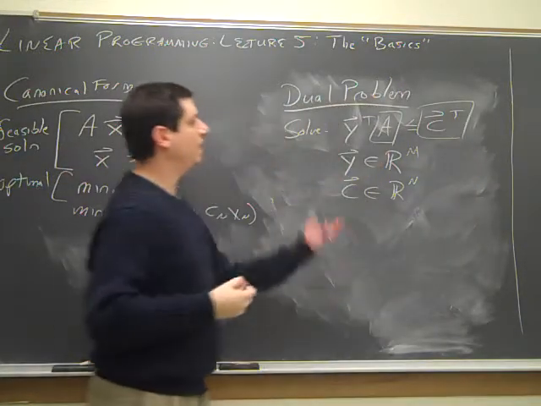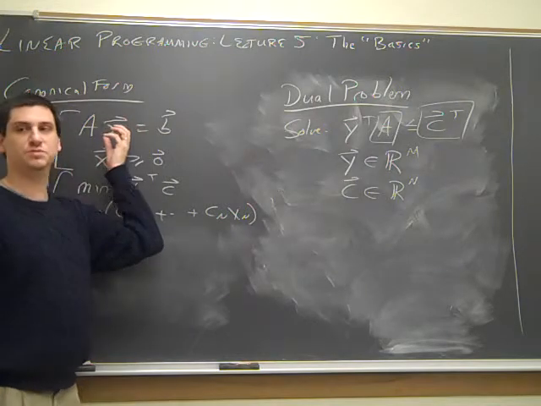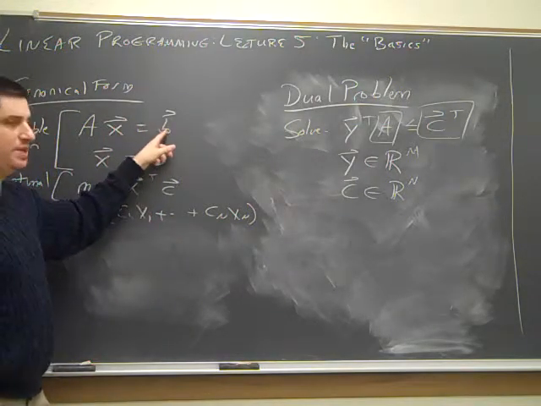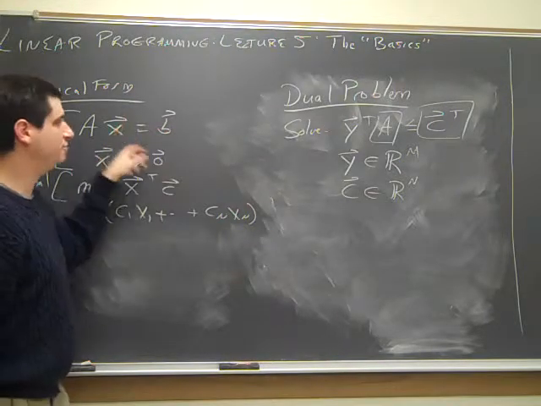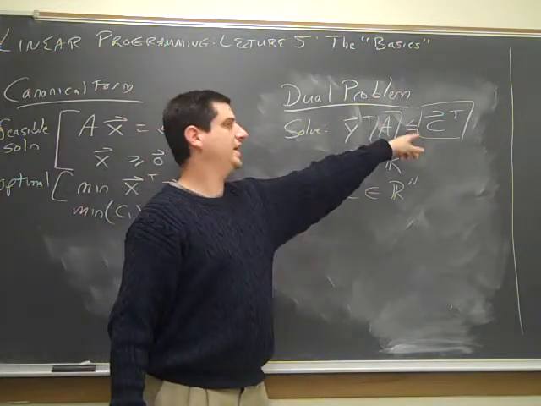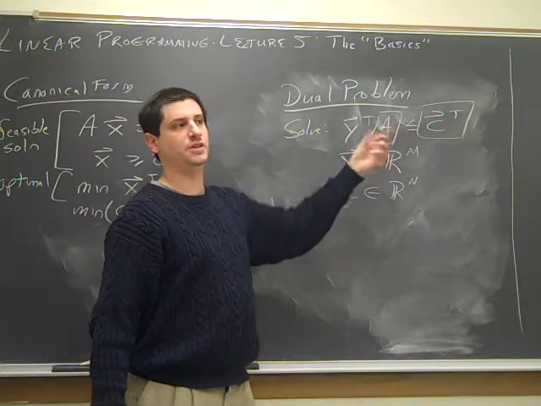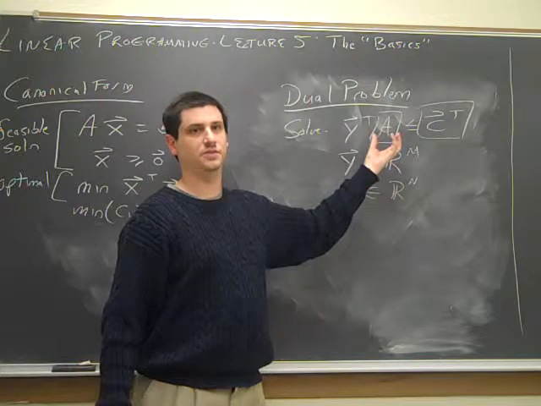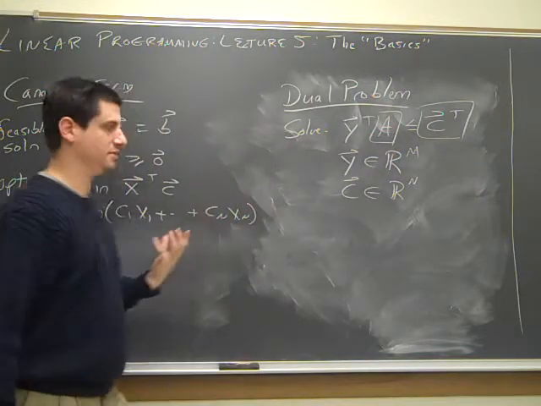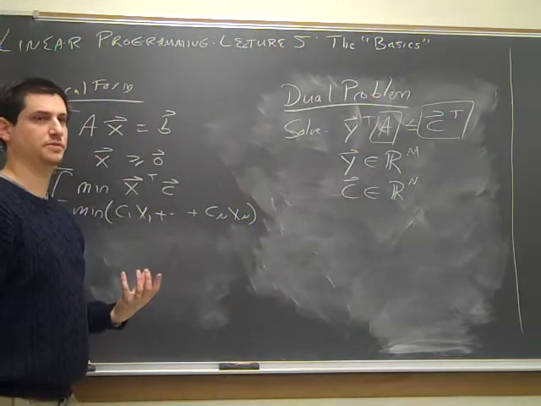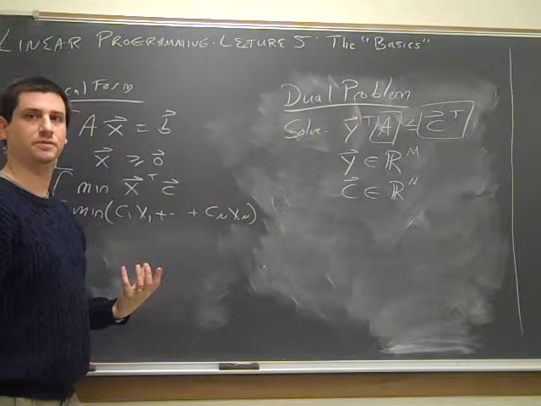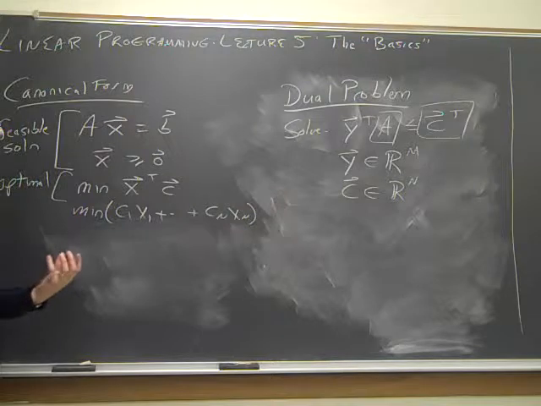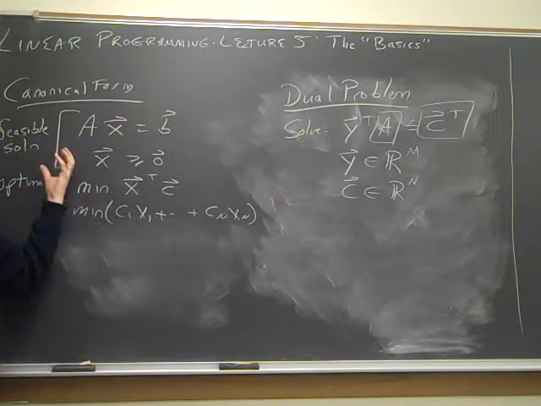So if I look at the dual problem, I have the same matrix as before. The difference now is, instead of having b and having x on the right, I have y on the left, and I have c coming over here. You'll notice that something is missing in the dual problem. What's missing from the canonical linear programming problem?